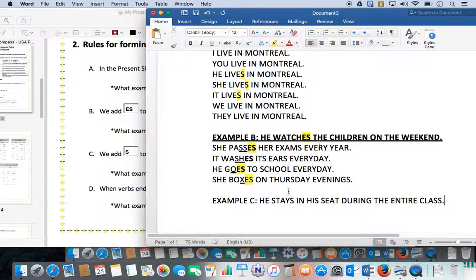Okay, so again, the verb is to stay, ends with a vowel, so A, E, I, O, U, and sometimes Y, and a Y. Okay, so stays, and you're just going to simply put an S here. Highlight this, and this is what you can use as your example.